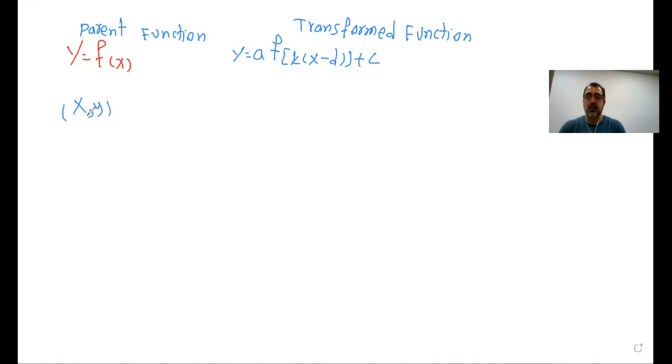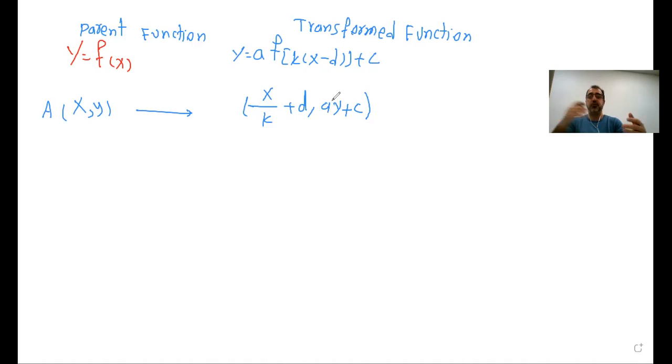Any point, for instance A, on the parent function, its image on the transformed function is going to be x over k plus d, and a y plus c.